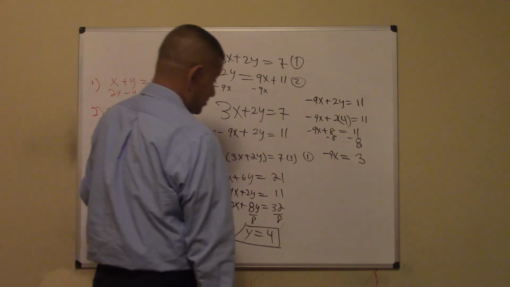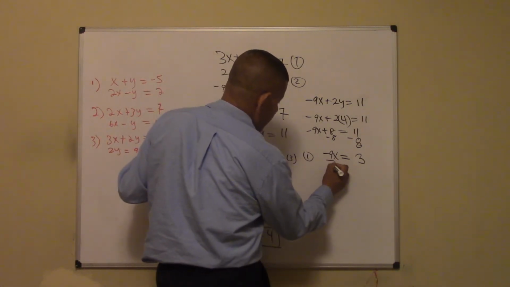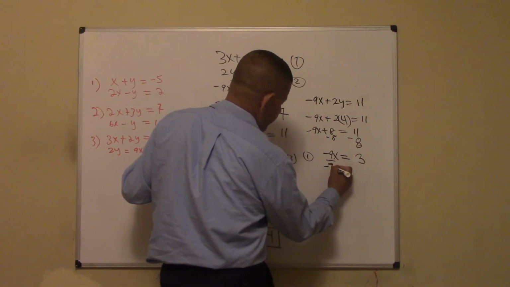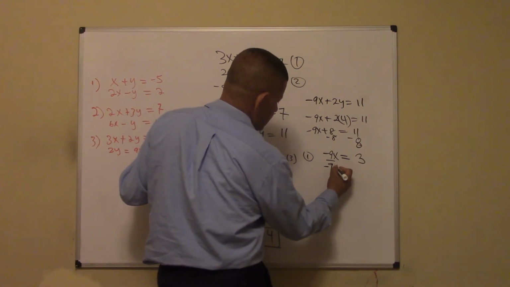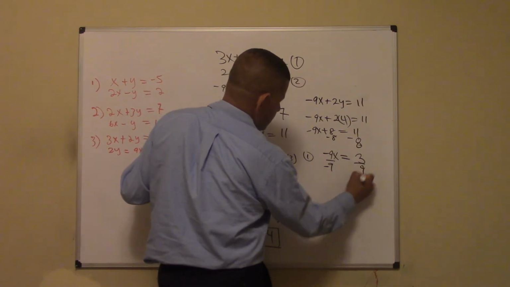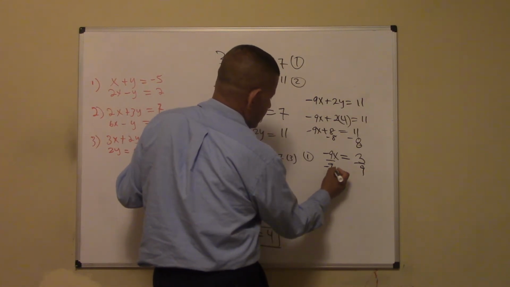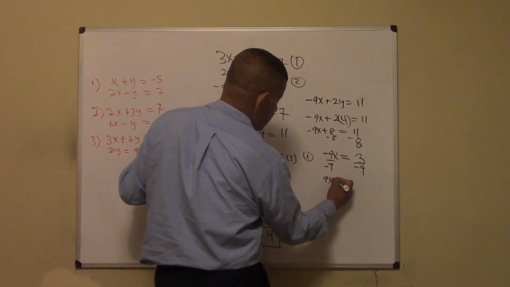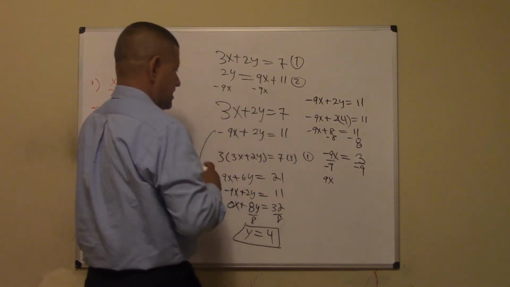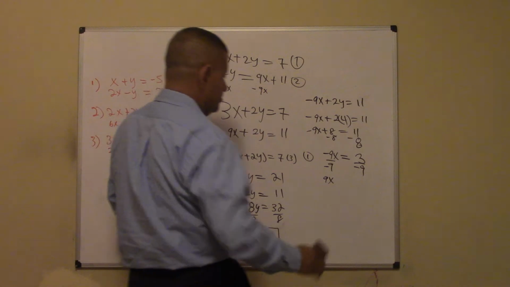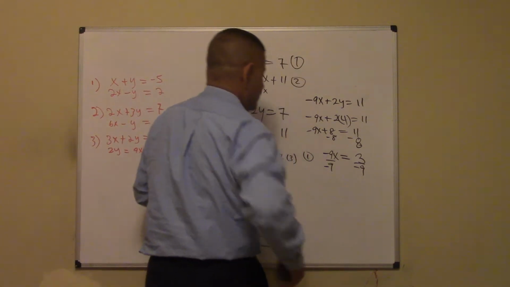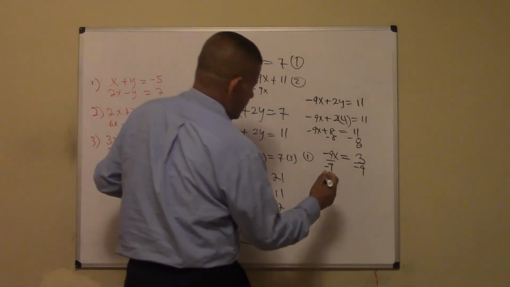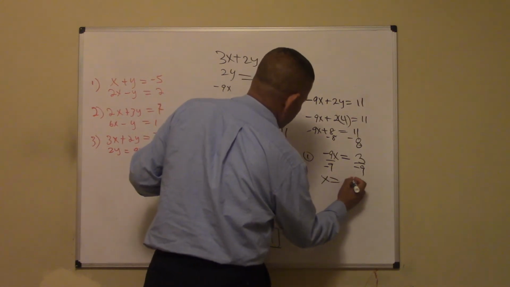Now when I divide by negative 9 on both sides, I get that x is equal to negative 1/3.